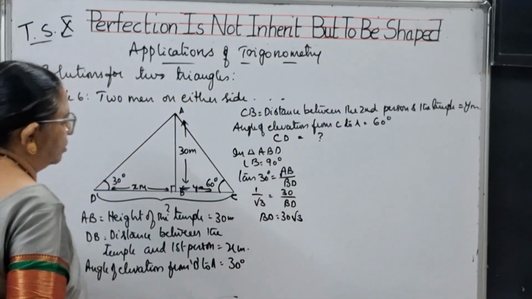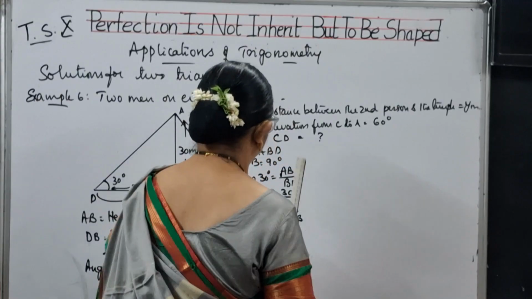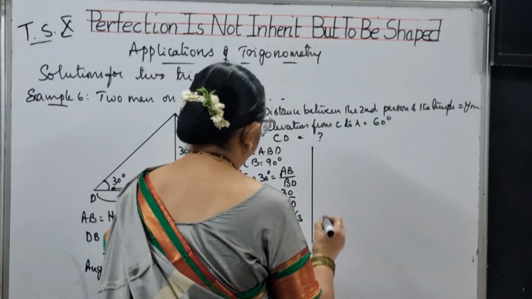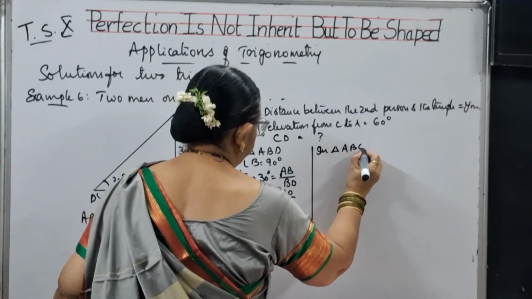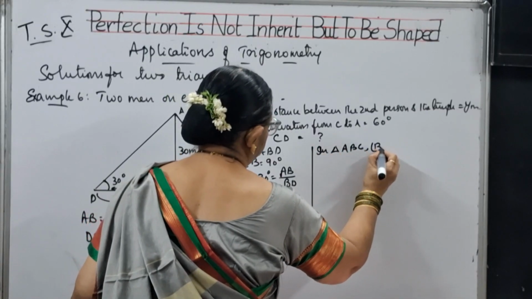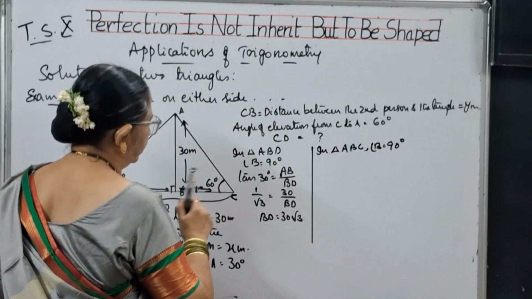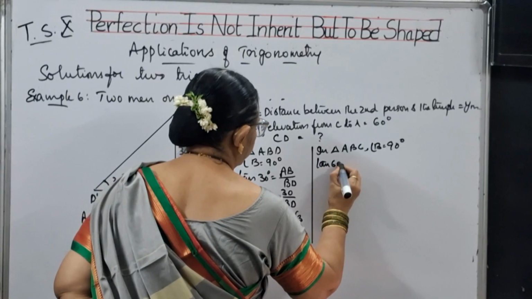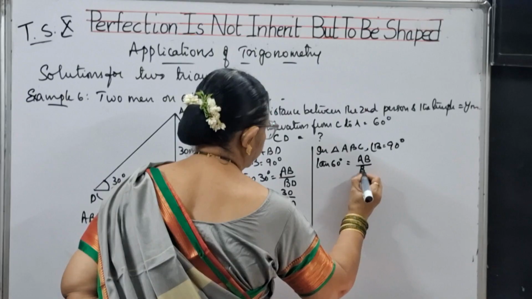Okay. Next, we will go to triangle ABC. In triangle ABC, angle B is equal to 90 degrees. So here we will be taking tan 60. Tan 60 degrees is equal to AB by BC.